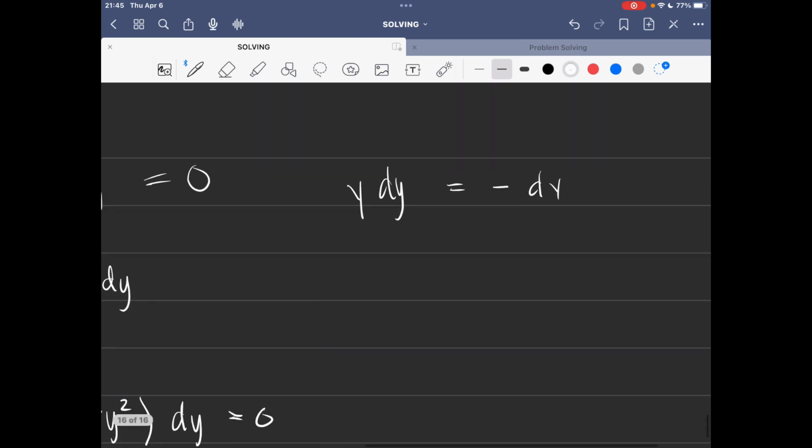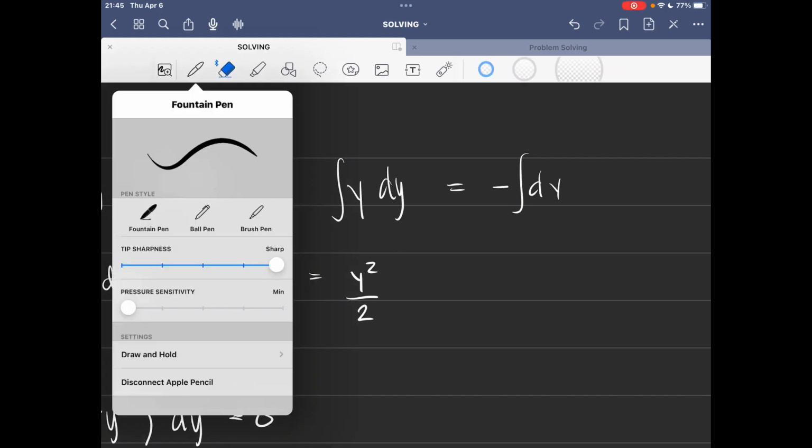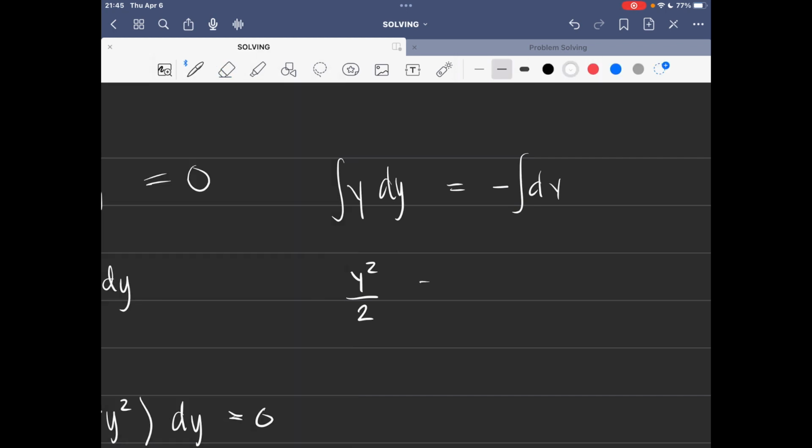Then we are going to integrate the problem. So the integral of y is y squared over 2, is equal to negative, the integral of dv is v, plus c.